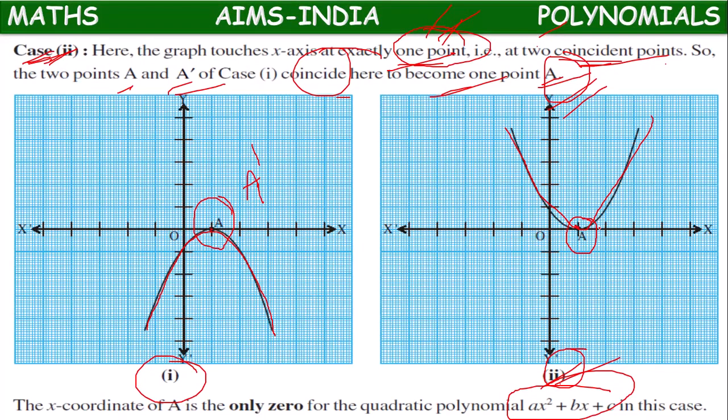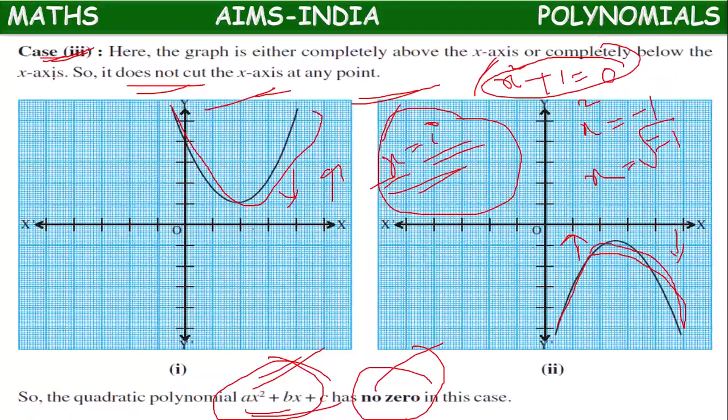Second: exactly at one point, meaning 2 points coinciding with one another, either upward or downward, so only one zero; the two zeros are equal to one another. Or the curve doesn't touch the x-axis at all. It may be above the x-axis or below the x-axis, meaning no zero. So in these three situations, any situation can happen.